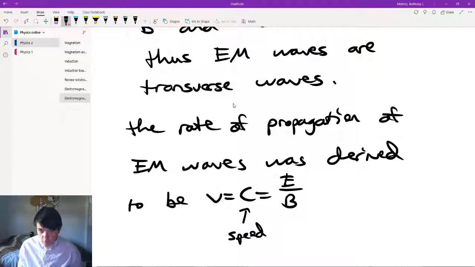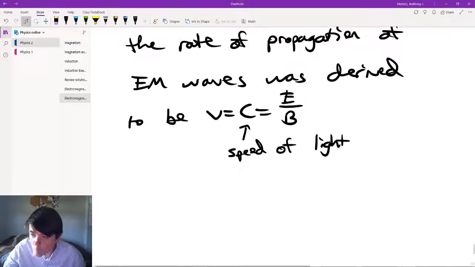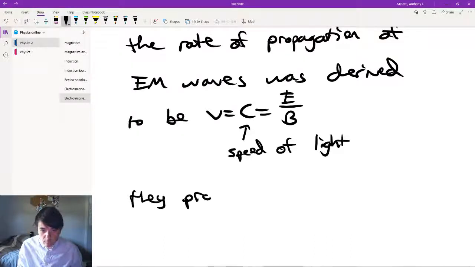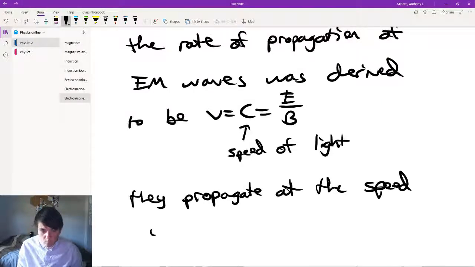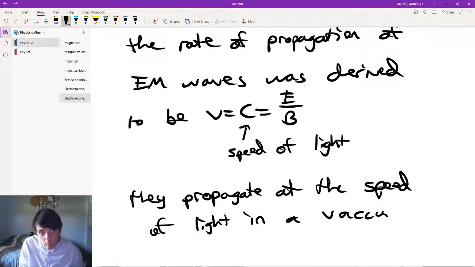And if you actually find these and divide them, you end up getting what we find to be the speed of light. Okay. And so EM waves propagate at the speed of light in a vacuum. Okay.